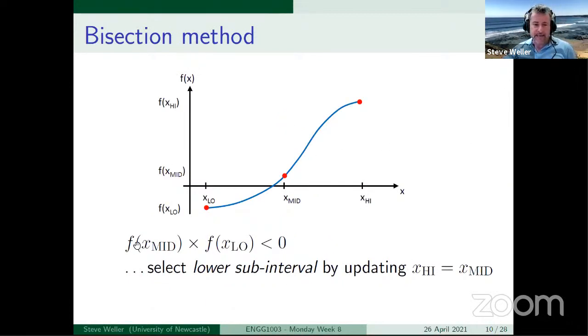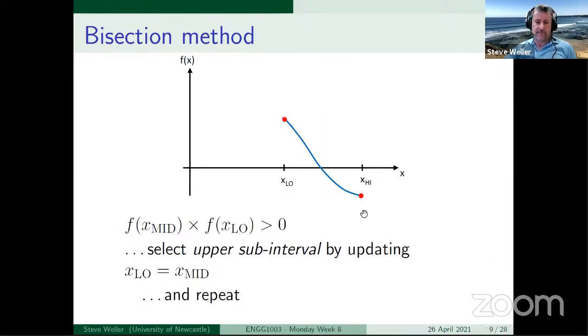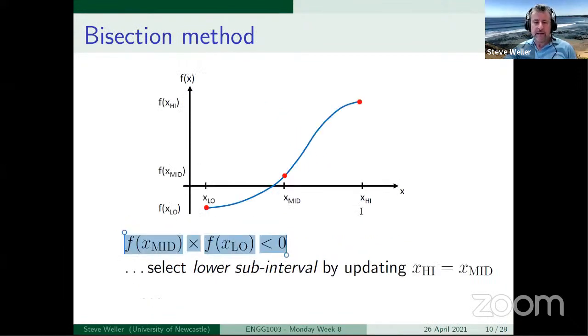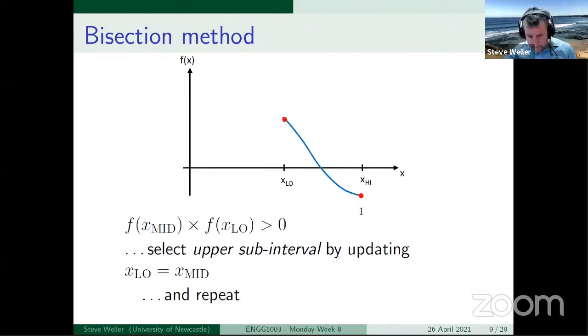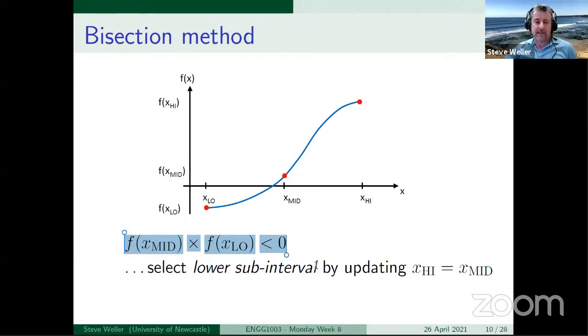Alternatively, if this condition is satisfied, this is the opposite. So the one I'm about to highlight here is the opposite condition to the one that was satisfied on page 8, on page 9 rather. And then we select the lower subinterval. So this is the second alternative.